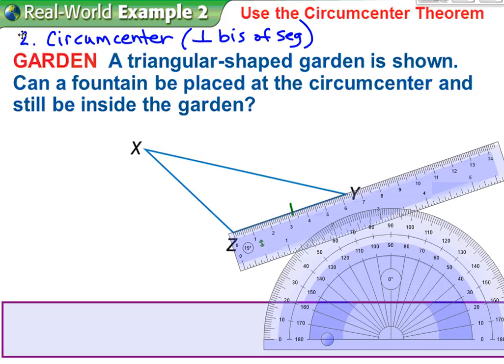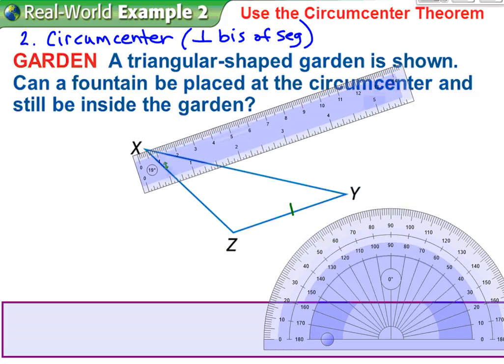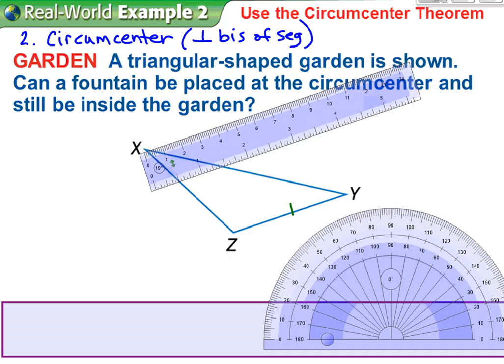About 3.5 centimeters, and so half of 3.5 would be about 1.7 or 1.8, whatever you think is close to that. Find that midpoint, and then I'm going to find the midpoint of XY.